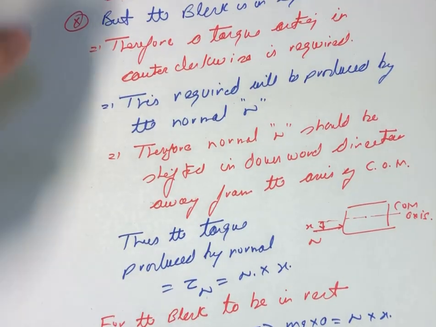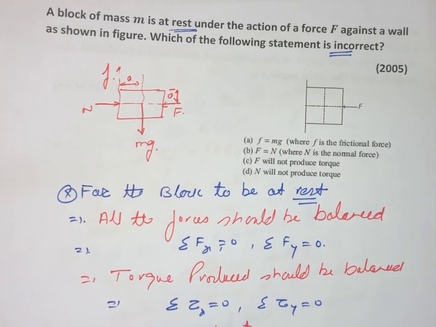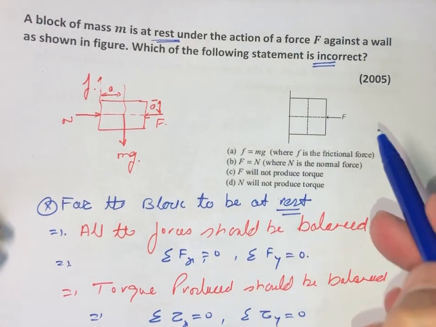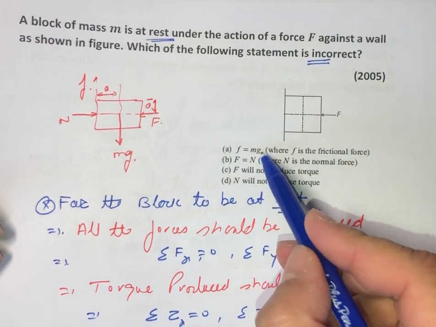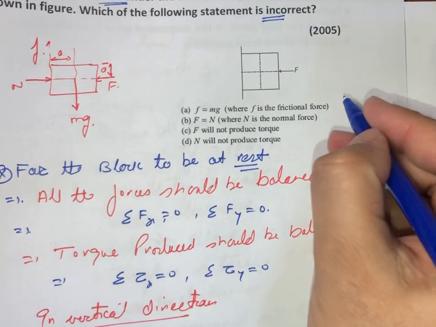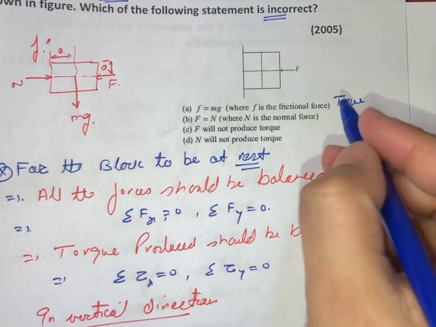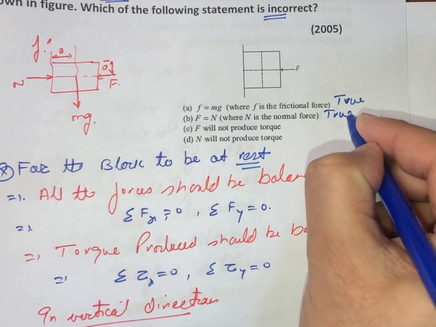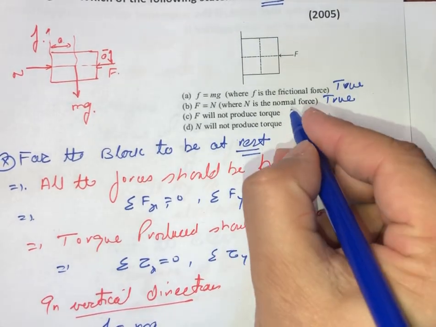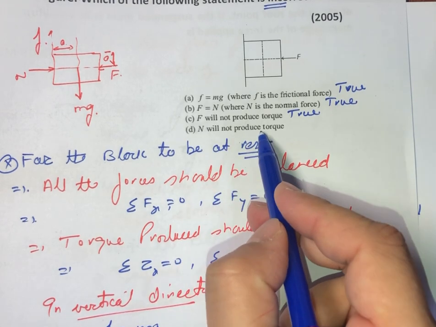Therefore from here, we have to find out the incorrect statement. So we have already said that F is equal to mg, so this is true, and F is equal to N, so this is also true, and F will not produce a torque, we also said that this is true, and N will not produce any torque.